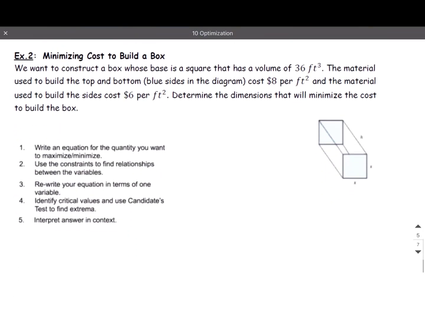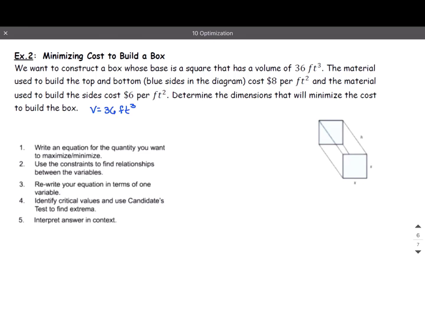Let's try another one. We're going to minimize the cost to build a box. Okay, so they even draw the picture for us. That's nice. We want to construct a box whose base is square that has a volume of 36 cubic feet. So I'm going to remember here, volume equals 36 cubic feet.